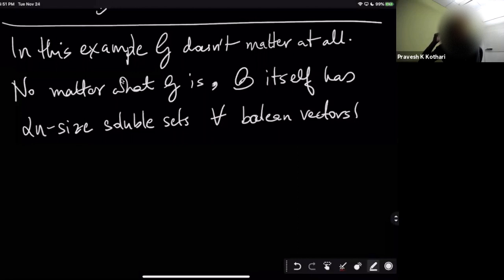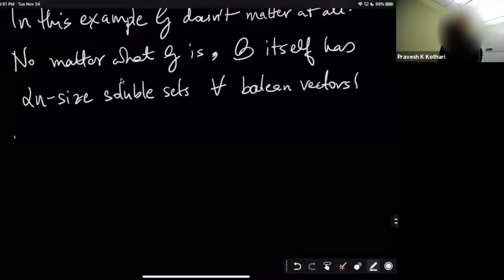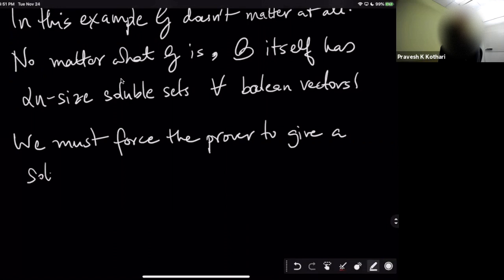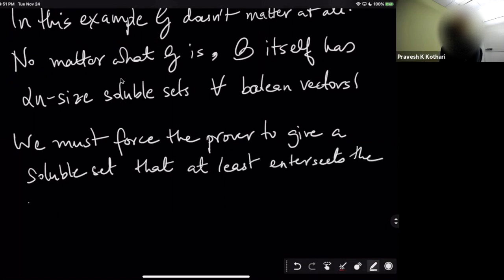Somehow we must force the prover to give a soluble set that at least intersects the good part. Ideally, we would like him to give us the good part itself.